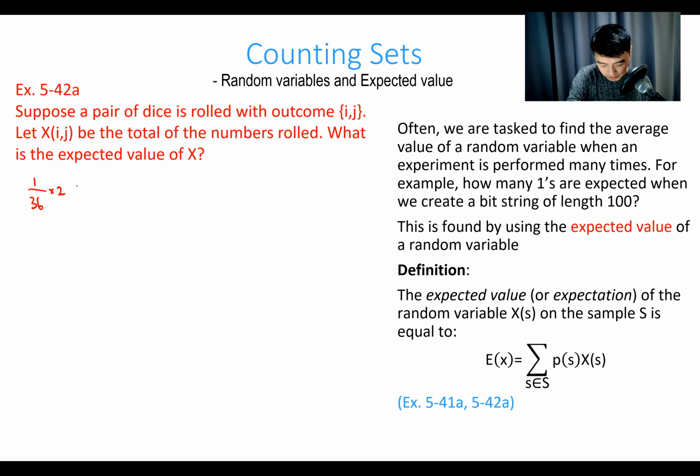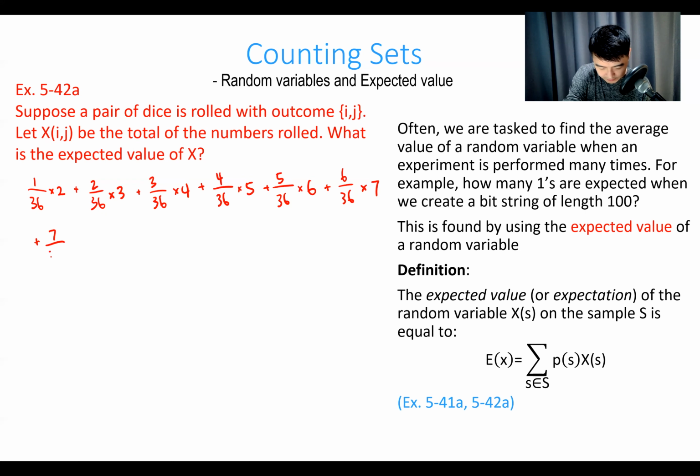There's 2 out of the 36 cases that will sum to 3. There will then be 3 out of the 36 cases that sum to 4, and then 4 out of the 36 cases that sum to 5, and then so on. So 5 out of 36 times 6, and then 6 out of 36 times 7.